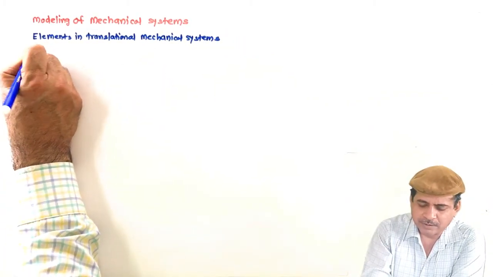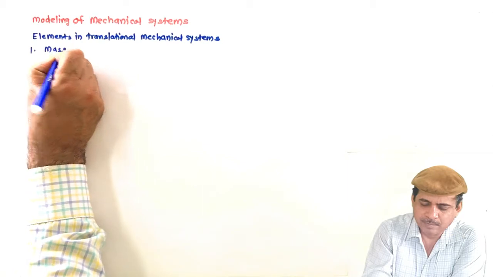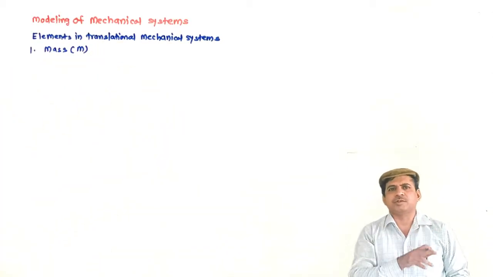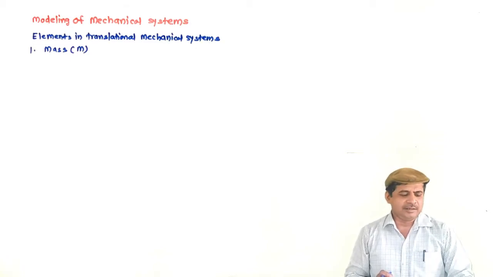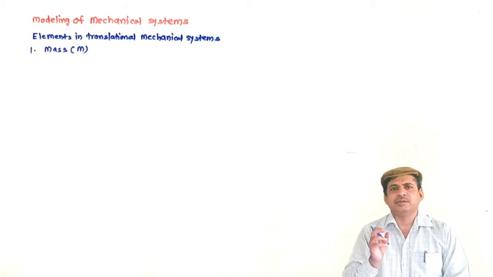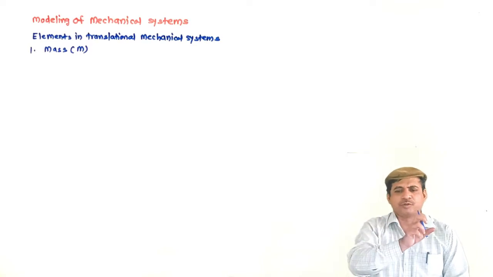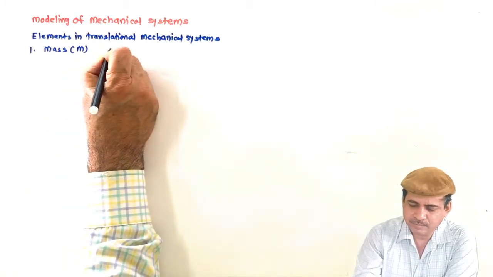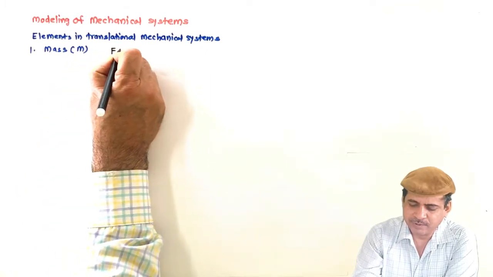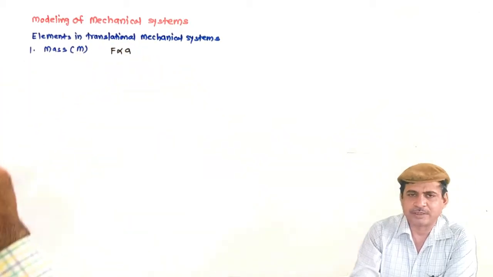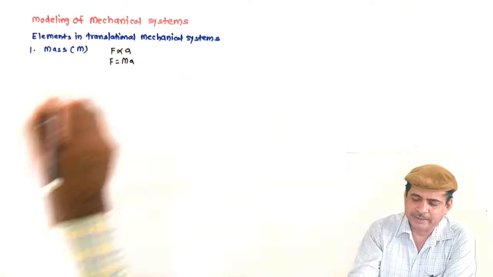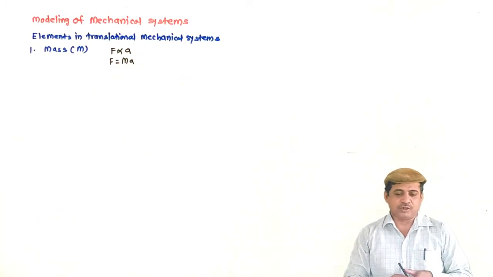So number one is mass, M. If we apply a force to a mass, then the mass will have the acceleration proportional to the force. So the relation is given by the applied force F is directly proportional to acceleration A, that is F is equal to M into A, where M is the constant of proportionality and that is called as mass.